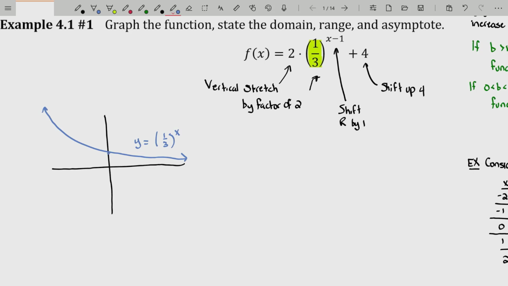Now, if you allow x to be 0, and by the way, normally you would not graph these by plotting points, but as anybody who's watched my videos knows, I really try to showcase that you should have 2 anchor points that you keep track of through all your shifts and transformations when you're graphing by transformations. So in this case, when x is 0, the y value is 1, because 1/3 to the 0th power is 1.